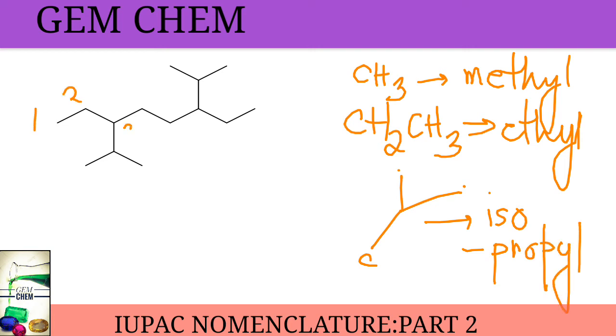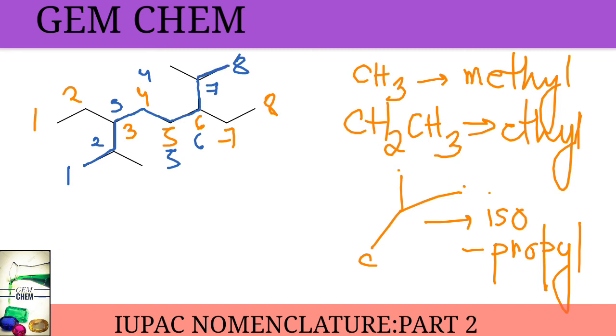Now we have to number this carbon chain. 1, 2, 3, 4, 5, 6, 7, 8. And another way of numbering it is 1, 2, 3, 4, 5, 6, 7, 8. Also in this way, this chain is having 8 carbons, right.